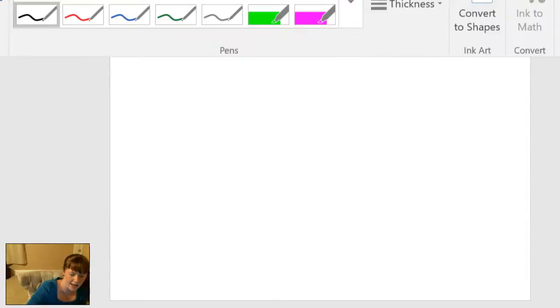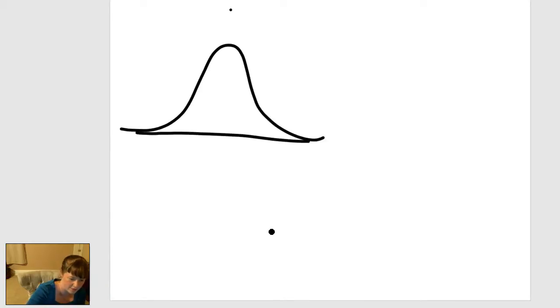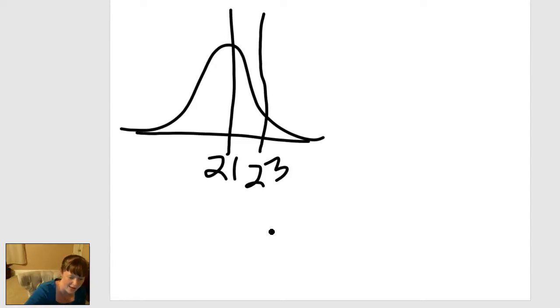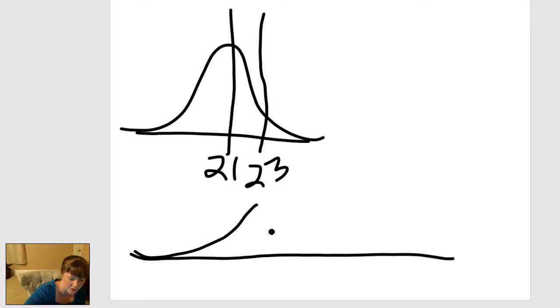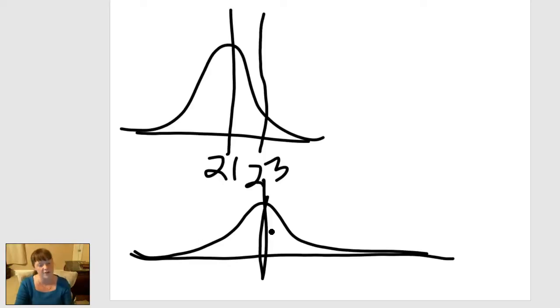You could say that the null hypothesis is centered on 21, with one standard error way being 23, right? And then you could draw another sampling distribution down here. This one centered on 23, and that would be the alternative hypothesis sampling distribution, right?